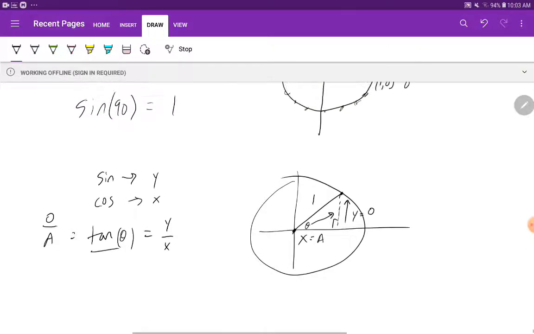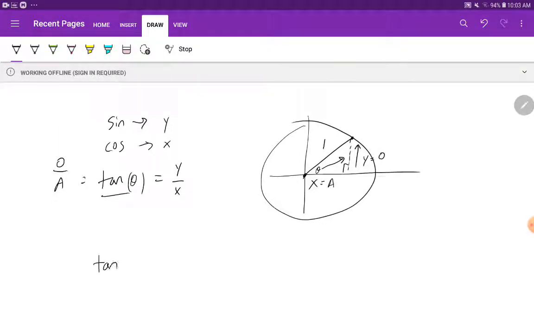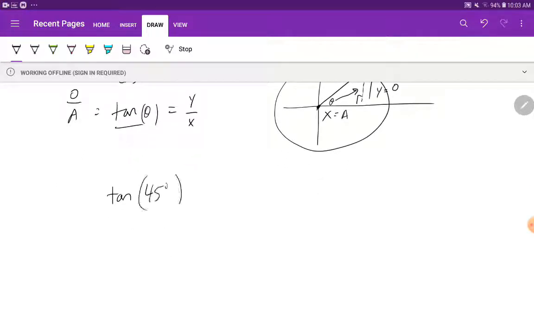What does that mean? So if I wanted tangent of, let me do an easy one first, 45 degrees. Tangent of 45 degrees. Well, tangent once again means y over x. Take the y value at the point and divide it by the x value at the point.